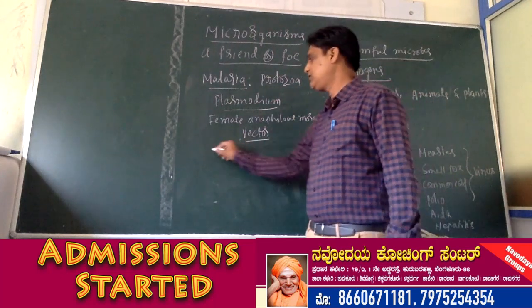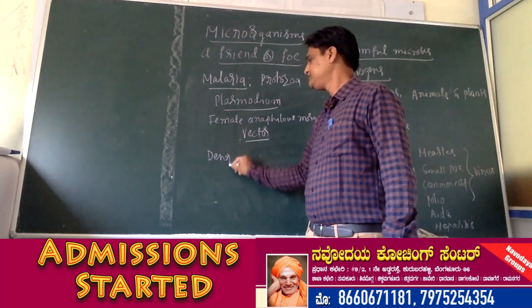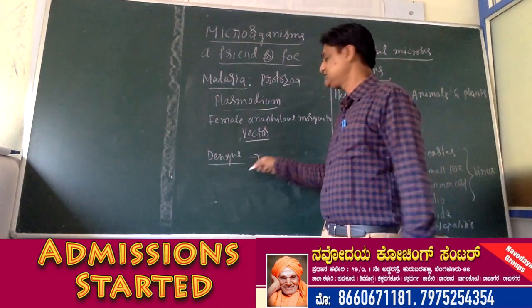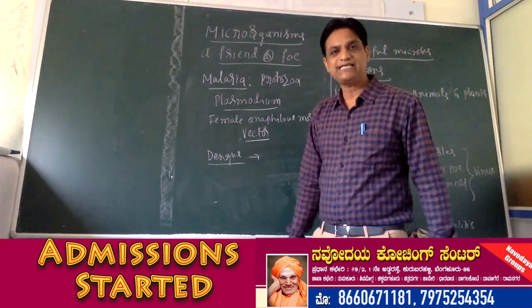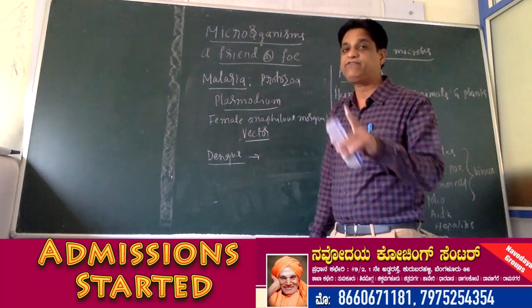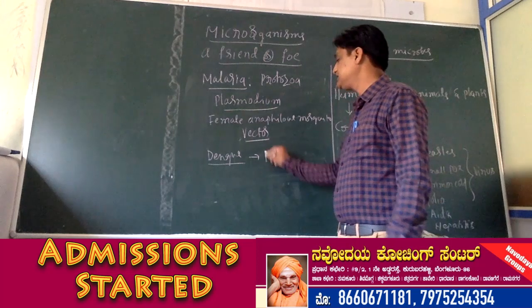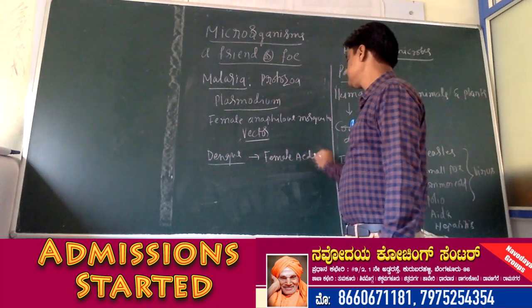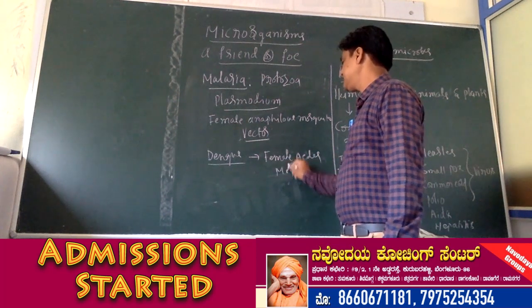Similarly, one more disease, dengue, which is caused by a virus. It is a viral disease and it is transmitted from an infected person to a healthy person by the female Aedes mosquito.